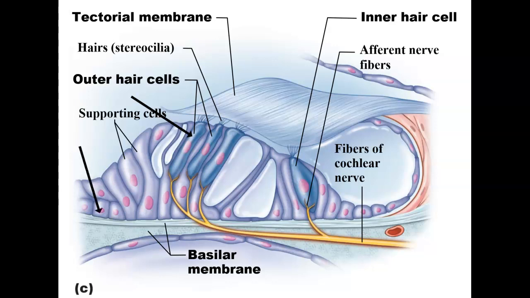So remember, when the basilar membrane rocks back and forth, these hair cells are going to be rocking, and they have little itty-bitty outer hair sensory fibers that are embedded in this gelatinous membrane. So when these things rock back and forth, the little sensory hair cells embedded in the membrane are going to cause the cell to depolarize and thus send information back through this nerve fiber to the cochlear nerve.